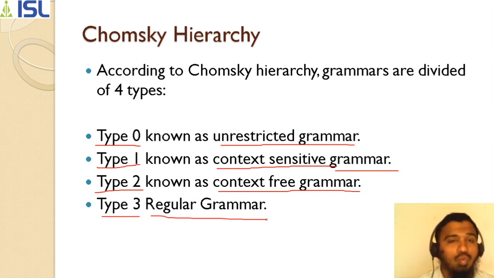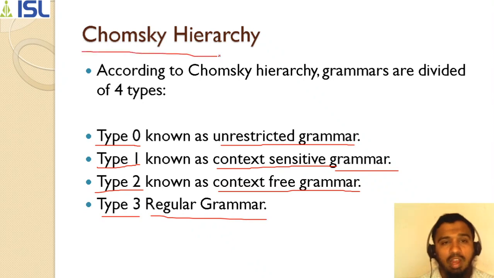So these four types are there in the Chomsky hierarchy. First one is unrestricted grammar, second one is context sensitive grammar, third one is context free grammar, and the fourth one is regular grammar.